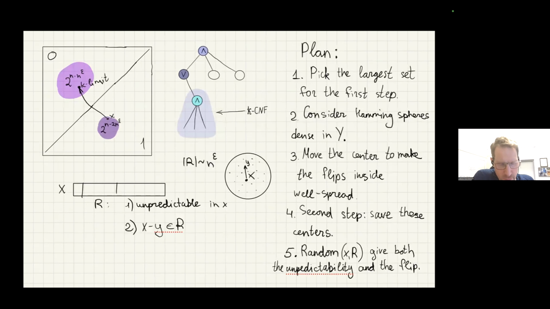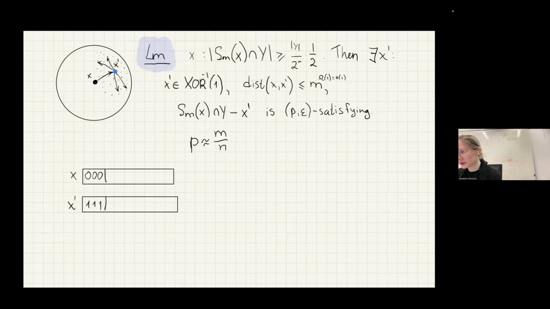So you said one thing that would be nice to do is majority. So where are we using parity here? Why is it so important that we're dealing with the parity function? So here's the thing. It's really important here when we're moving the centers that we just have to flip one more bit to get the right parity. Because if we're flipping a lot of bits, after we already got the spreadness, the denseness condition, we might ruin it.